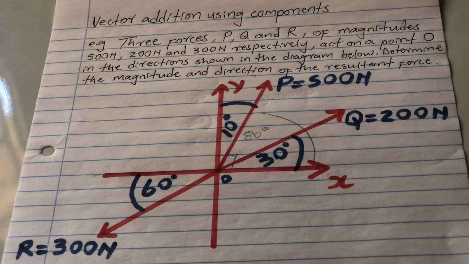For us to be able to get the magnitude of the resultant force, we need the x component and the y component. Let me bring the previous page here to show you what they mean by that.